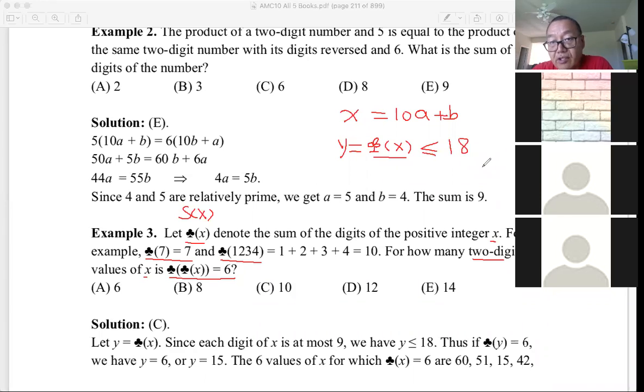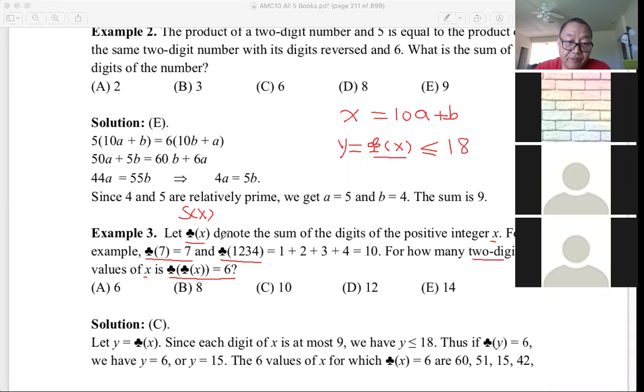If X is a 2-digit number, then this sum should be less than or equal to 18, because each digit of this X should be less than or equal to 9.